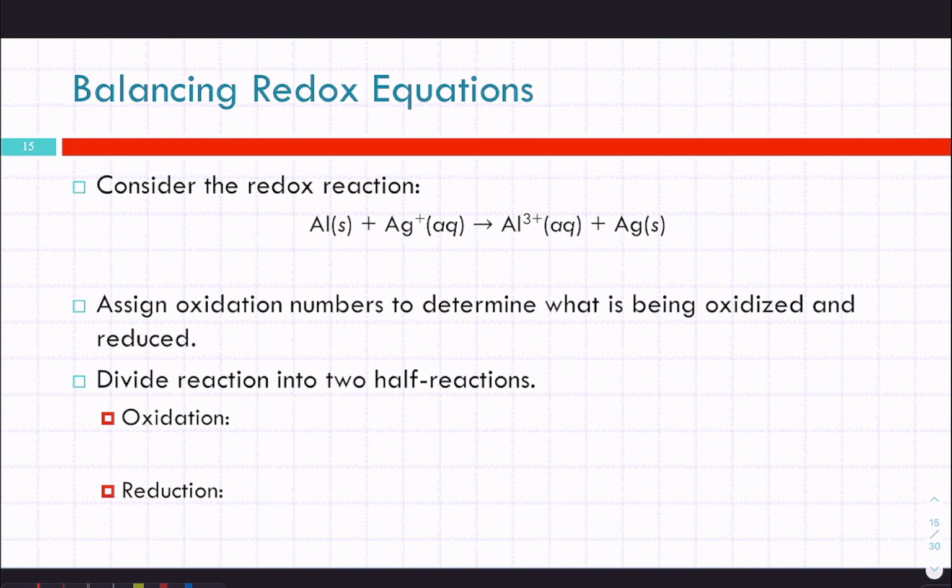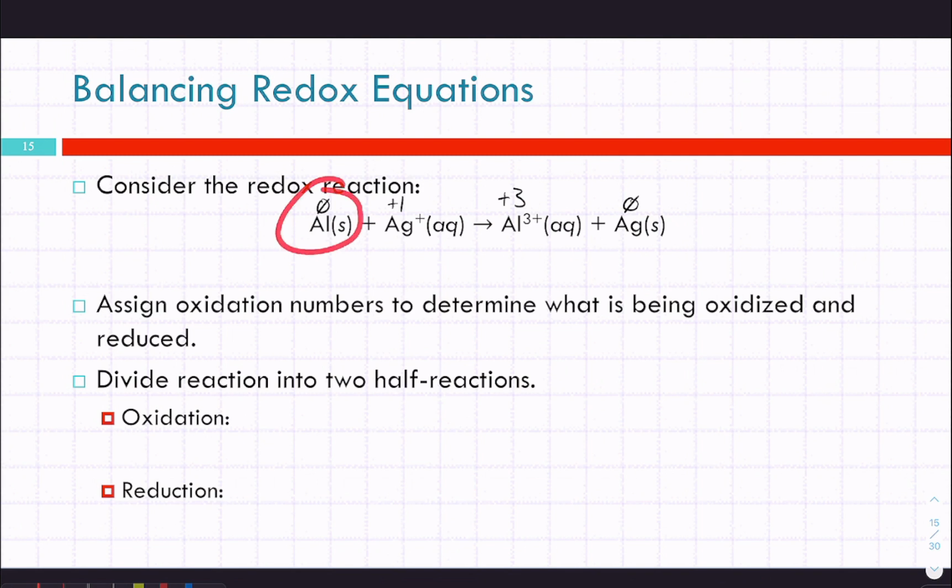Again, we can find our free elements and know that those are 0. And then for individual ions, their oxidation number is the same as their charge. So we can identify which is being oxidized and which is being reduced.